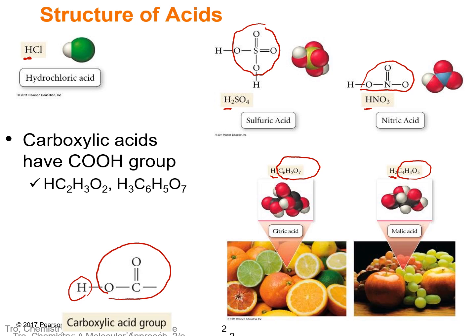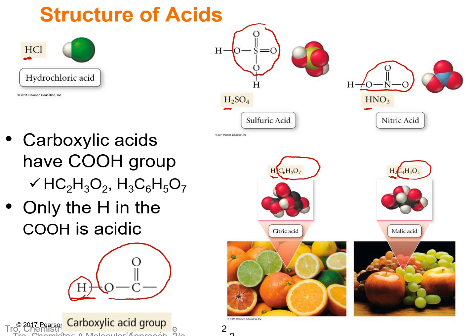So when we see this COOH, that is what we refer to as a carboxylic acid group. And this does make it an acid when we see this group. Only the H in the carboxylic acid group is acidic.